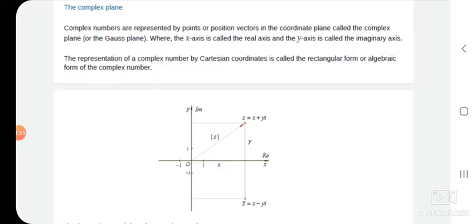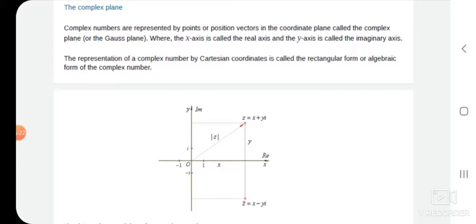Complex numbers are represented by points or position vectors in the coordinate plane called the complex plane or the Gauss plane, where the x-axis is called the real axis and the y-axis is called the imaginary axis.